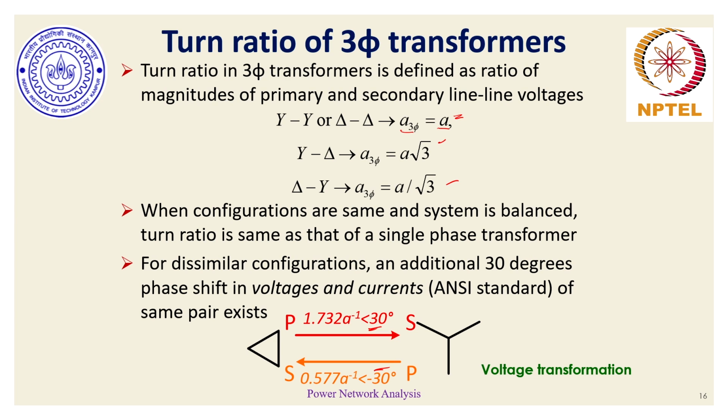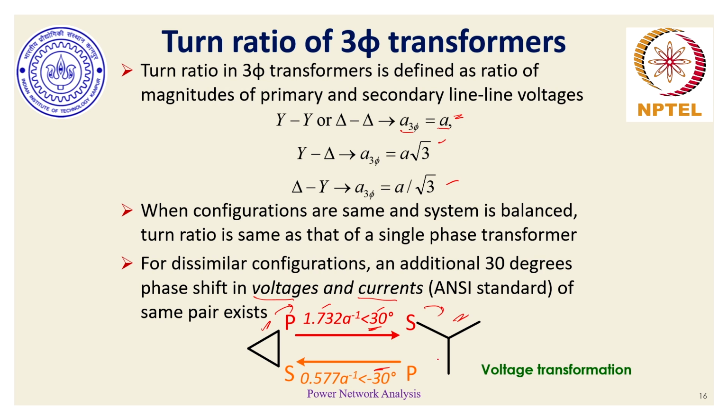So how do you keep track of this phase shift? There's a very simple standard which has been given by ANSI. It states that for dissimilar configurations of three-phase transformers, no matter whether it is the voltage or the current, if the primary is delta connected and the secondary is star connected, as we move our quantities from primary side to secondary side evaluation, factors of root 3 with plus 30 degrees should come in.